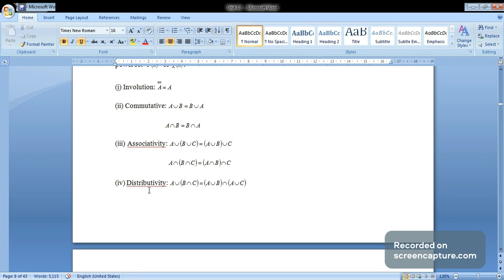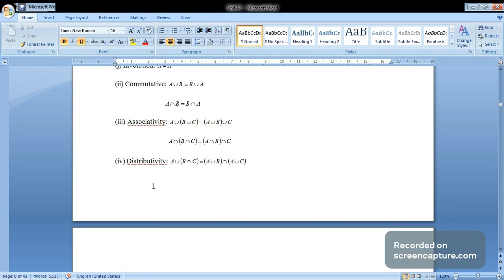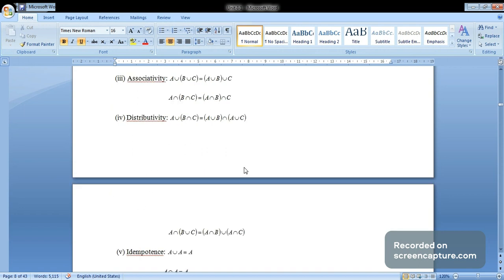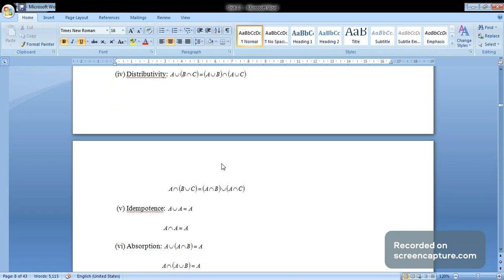And then the last one is distributive. A union (B intersection C) equals (A union B) intersection (A union C), and A intersection (B union C) equals (A intersection B) union (A intersection C).